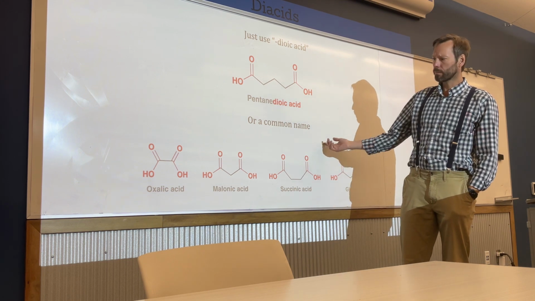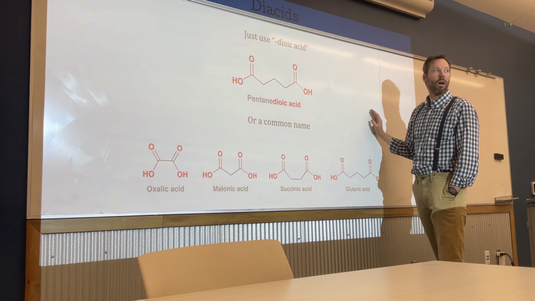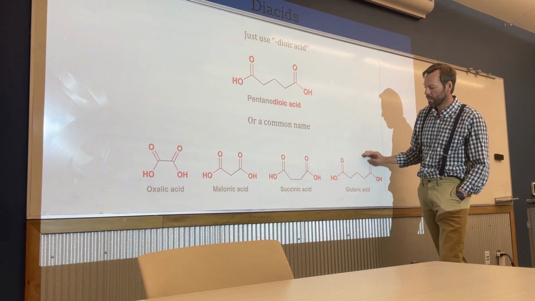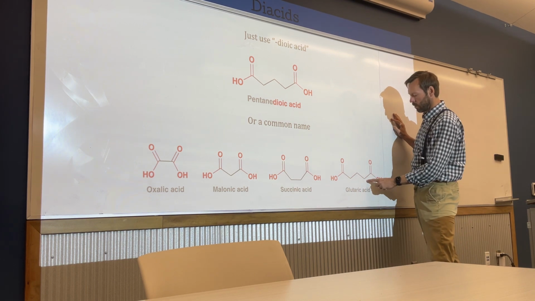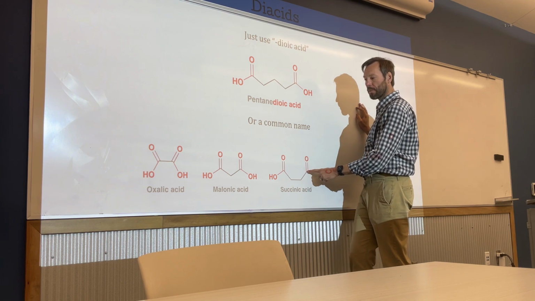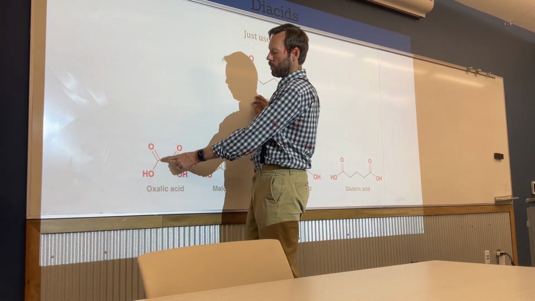All right? Here are some examples of common names often used in biochemistry. Glutaric acid is going to have 1, 2, 3, 4, 5. Succinic acid, 1, 2, 3, 4. Malonic acid, 1, 2, 3. And oxalic acid, 1, 2.